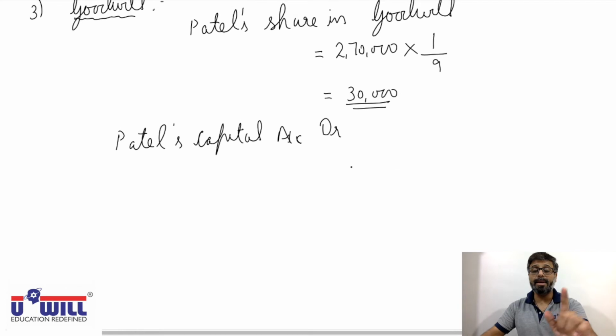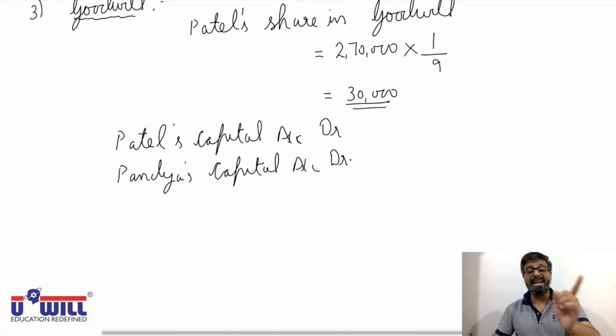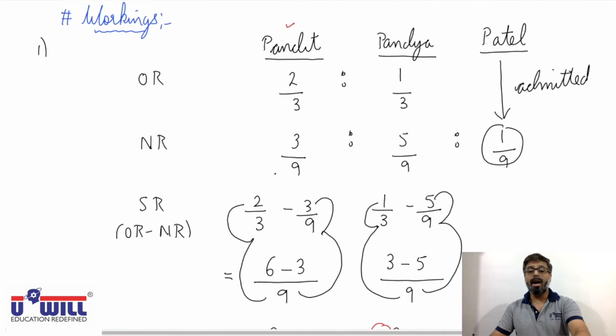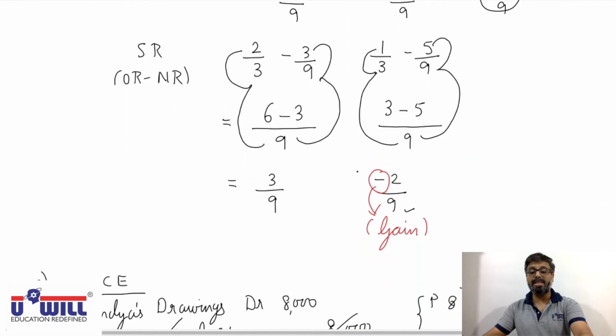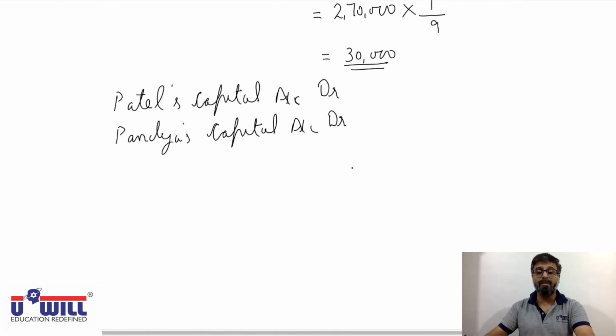So we studied in the summary, if the partner is gaining, then even the gaining partner's capital account will get debited. I repeat, to old partner's capital account in sacrifice ratio. However, Pandya doesn't sacrifice, Pandya gains. So instead of credit, gain means you will do the reverse. Even Pandya's capital account we will debit, and to only Pandit's capital account, who is actually sacrificing.